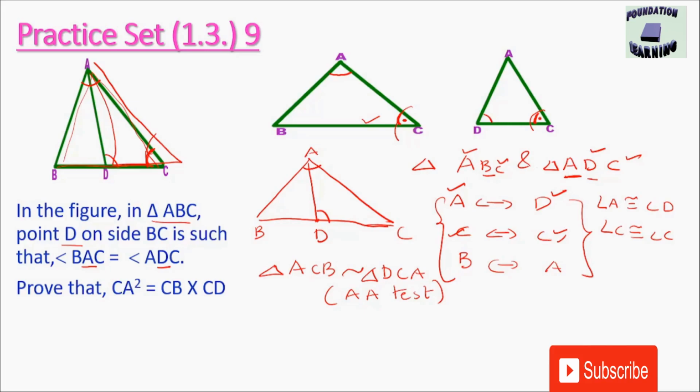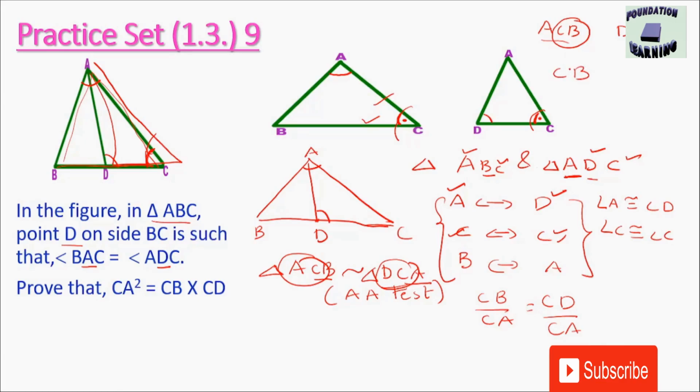Now, which are the corresponding sides? ACB and DCA. Okay. Now first we are taking CA over CD, equal to CB over CA. Now what we have to do?